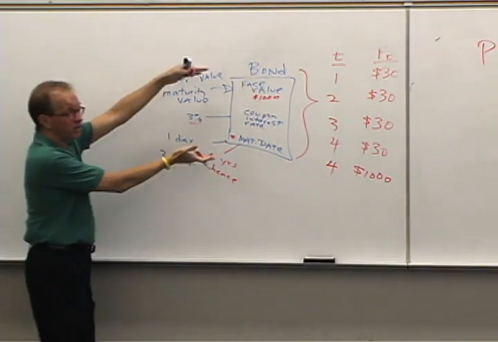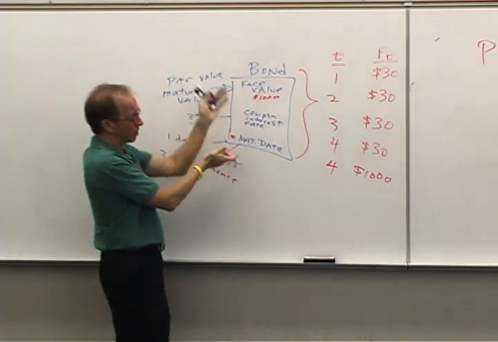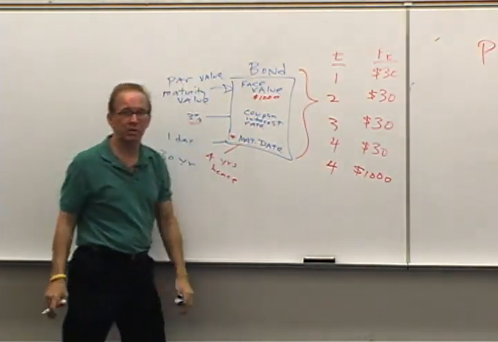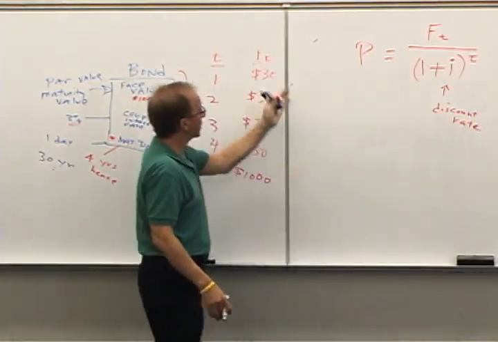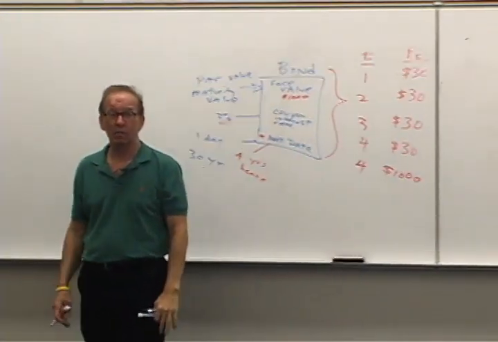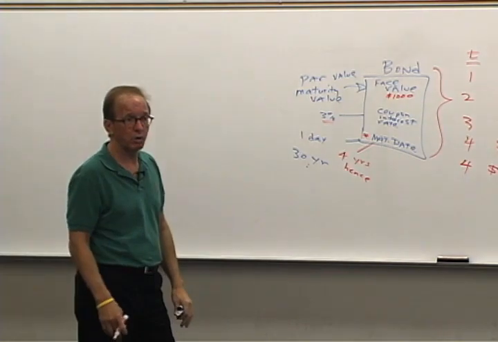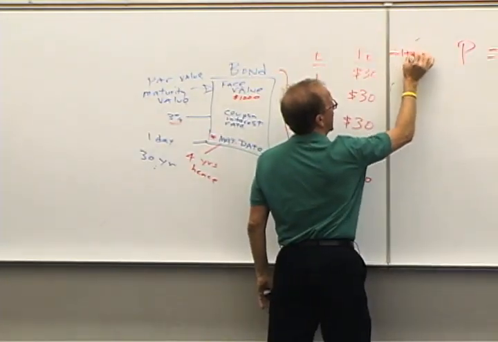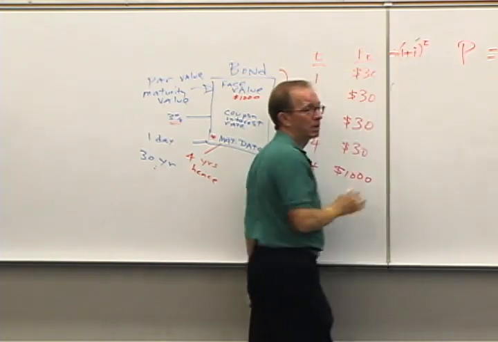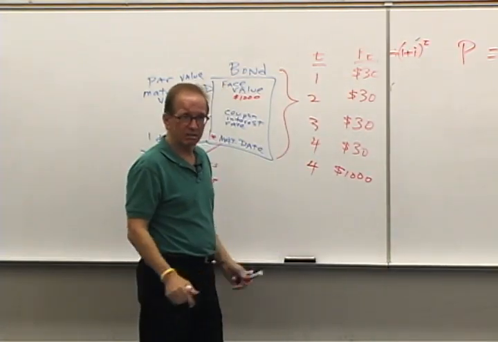And so really, they say it's a bond, it's a contract that promises these future payments. And then what we would do is, using this approach, we would calculate the present value of each one of these. And we did that before, so I won't go back and do it again. Now, we're going to get a number. Here's divided by 1 plus i to the t power. You want to do one of these calculations?